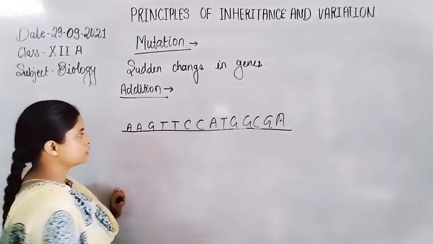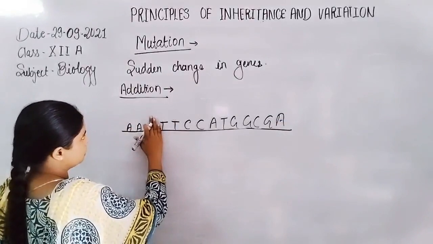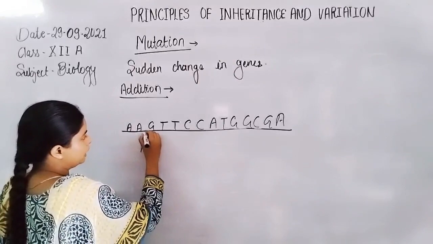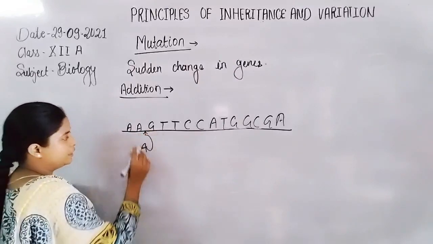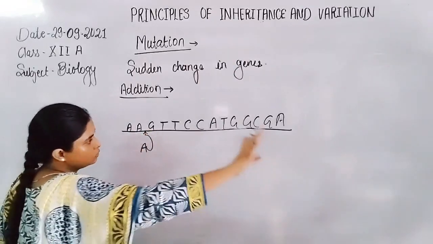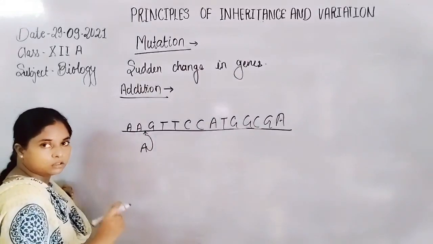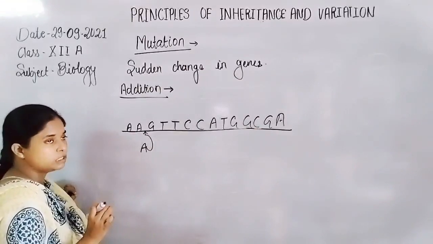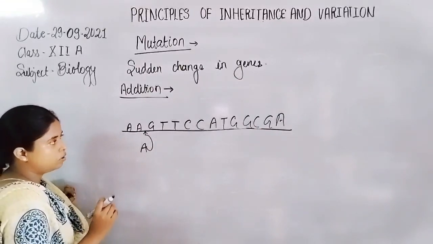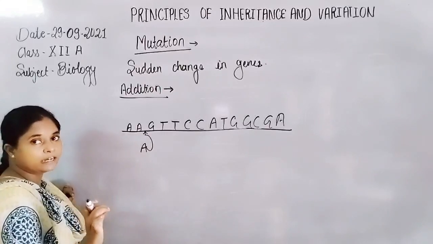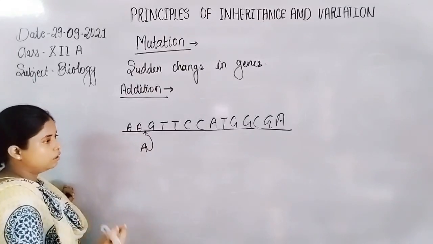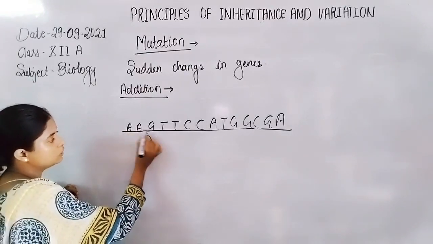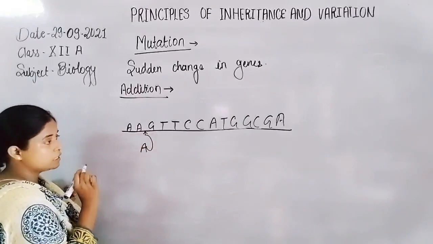Here this is the genetic sequence, or sequence of nitrogenous bases. If addition of a nucleotide takes place, for example, one adenosine gets added in between the A and G, the whole genetic sequence changes, because protein synthesis always takes place in triplet codons, and each amino acid is added by reading the triplet codons present on mRNA.